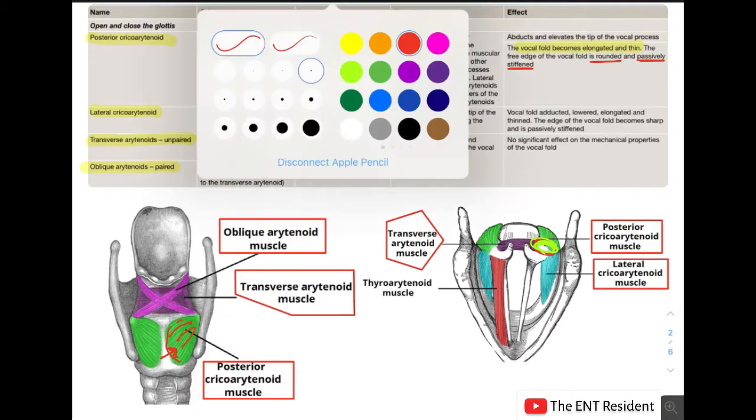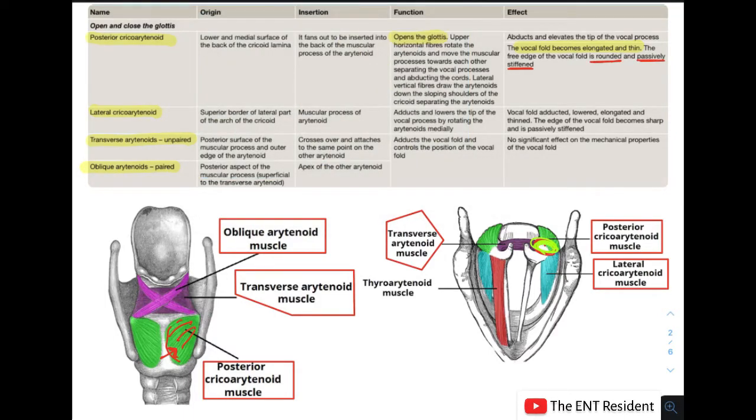Now this muscle takes its origin from the superior border of the lateral part of the arch of the cricoid. As you can see over here, this is the origin of the lateral cricoarytenoid, and it gets attached in the same place as that of the posterior cricoarytenoid, that is the muscular process of the arytenoid, as you can see over here.